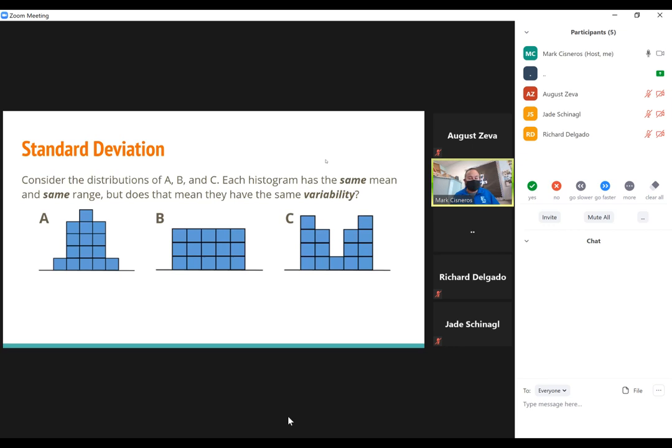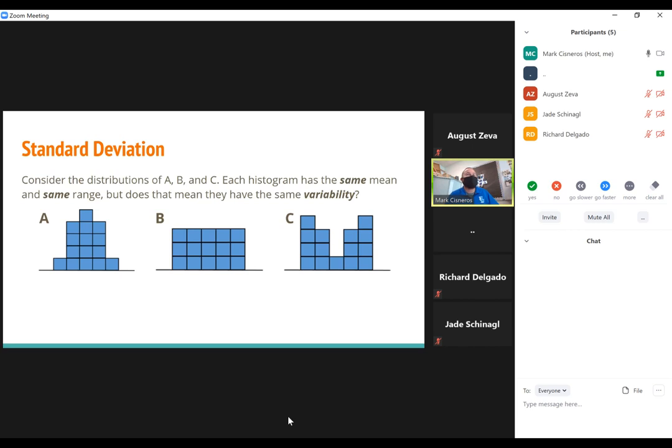Take a look at all 3 of these. They have all the same average. The average is right in the middle. We know that because all 3 of these graphs are histograms. What's the shape of all 3 of these?